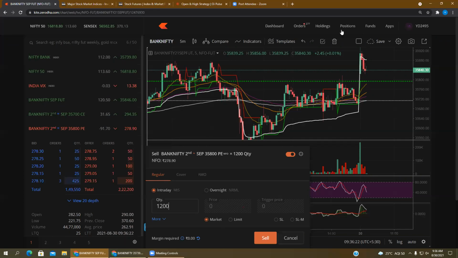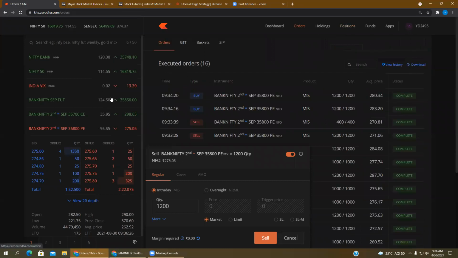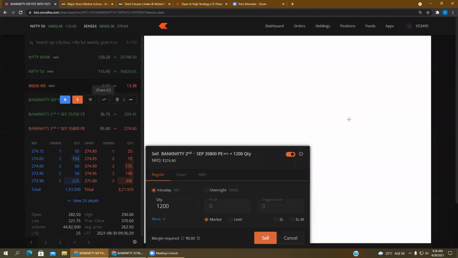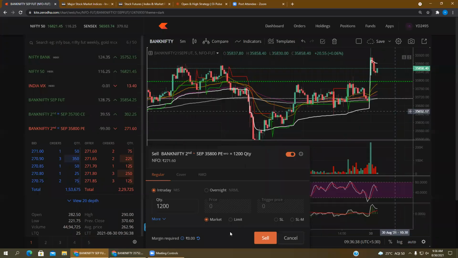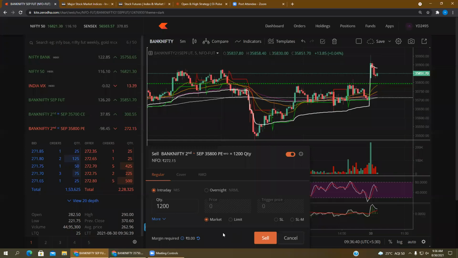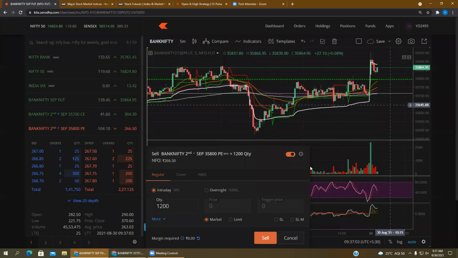Now I have 2400 quantities. What is that? 280, 83. Stop loss will be below 260. If it goes below 260, I will exit.